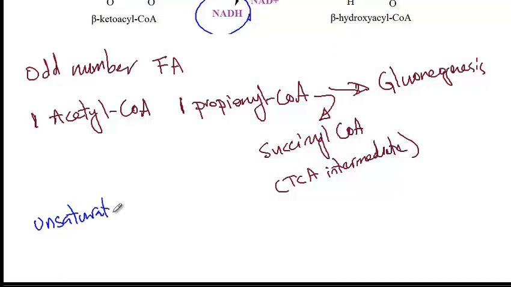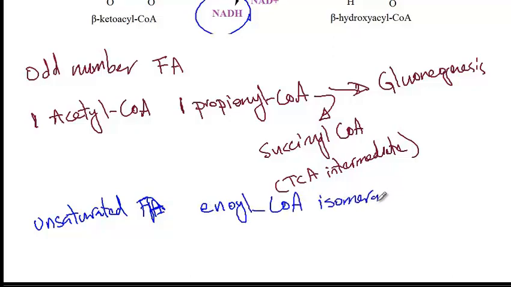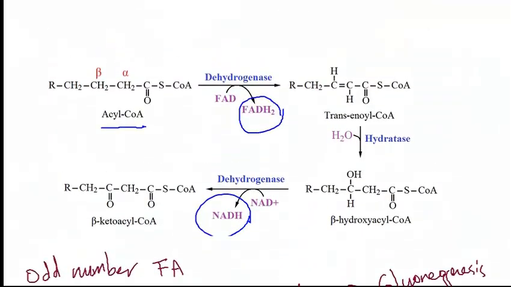Now, the other condition that we may have is unsaturated fatty acid. The mechanism that I've shown you here was for saturated fatty acid, but what if we have unsaturated fatty acid? What happens then? So the cis double bond is converted to the trans by the enoyl coenzyme A isomerase, and this reaction basically replaces the first step of beta oxidation.